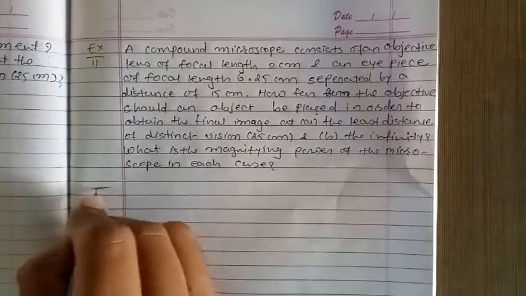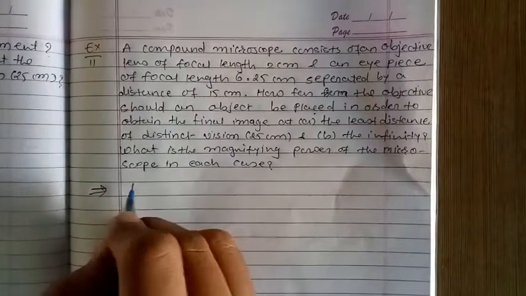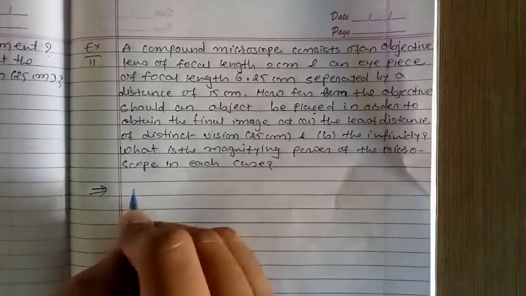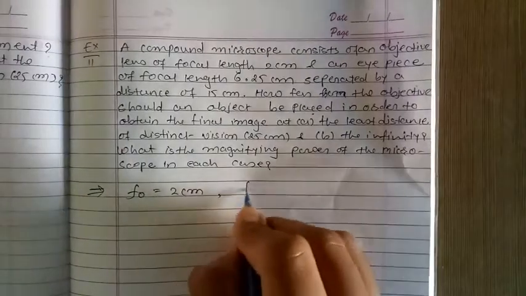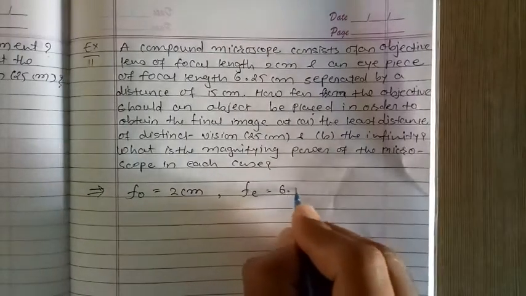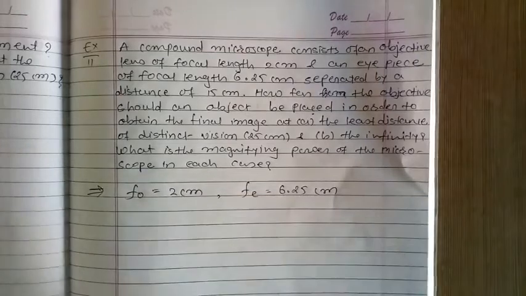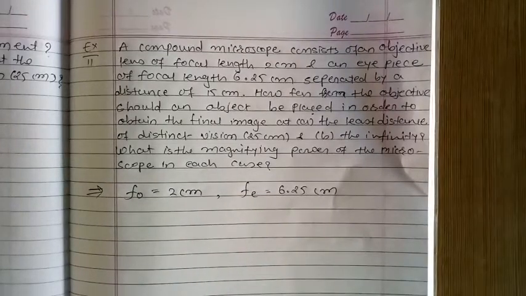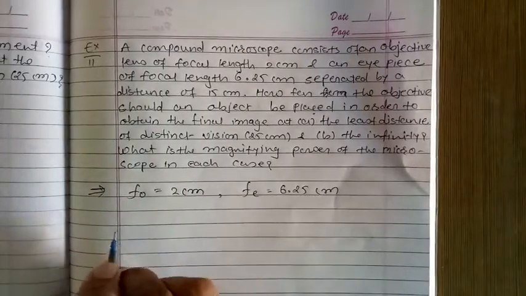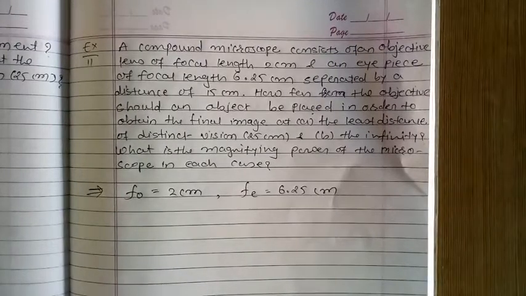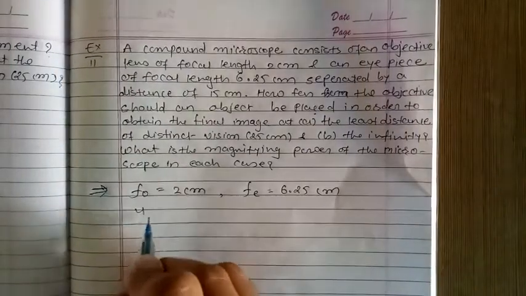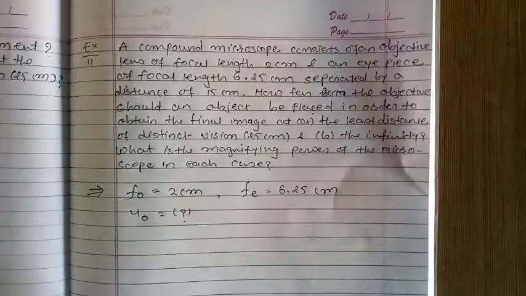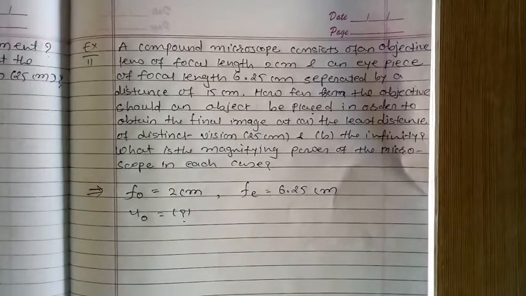So our given data is focal length of objective FO equals 2 cm, eyepiece FE equals 6.25 cm. We have to find the object distance, which we denote by UO.